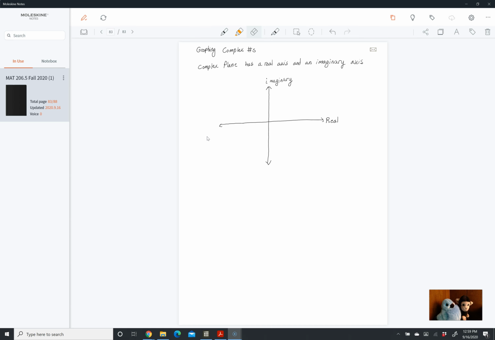Okay, so one of the things that we use this for is to graph something called a vector. So if any of you have ever taken physics, you probably already know what a vector is. A vector is anything with magnitude and direction.